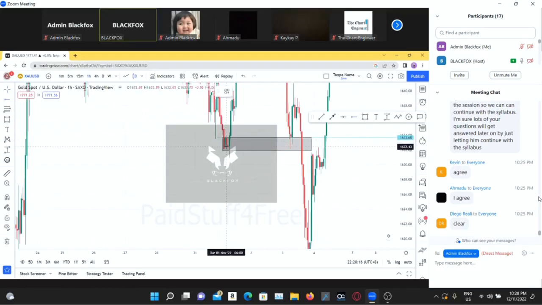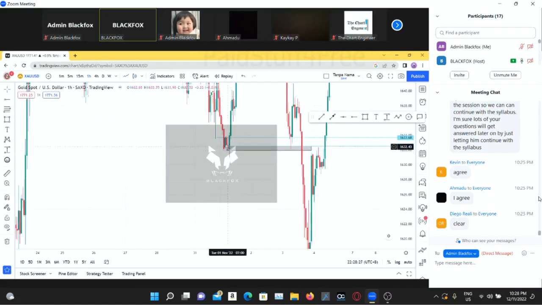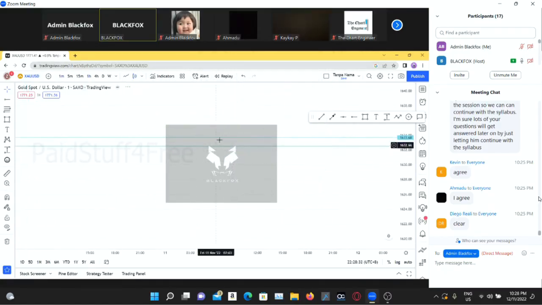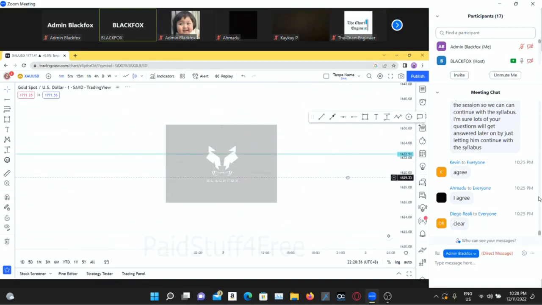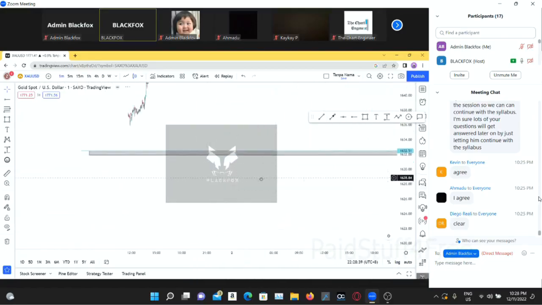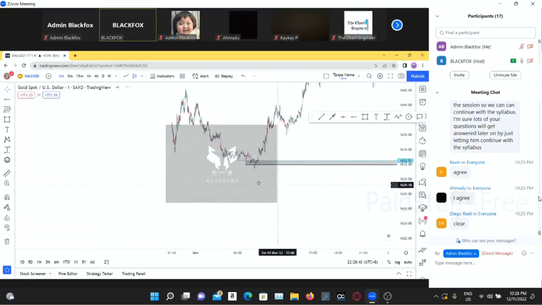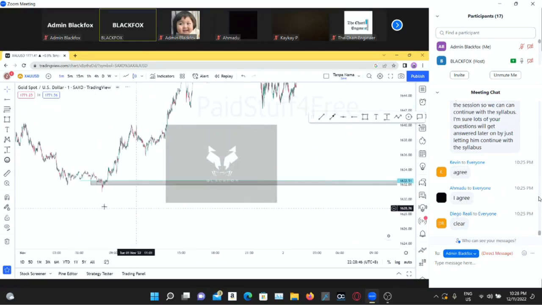At H1 there is support, so the zone will be like this. See this support, right? So we take this shadow. And then we go to M1.